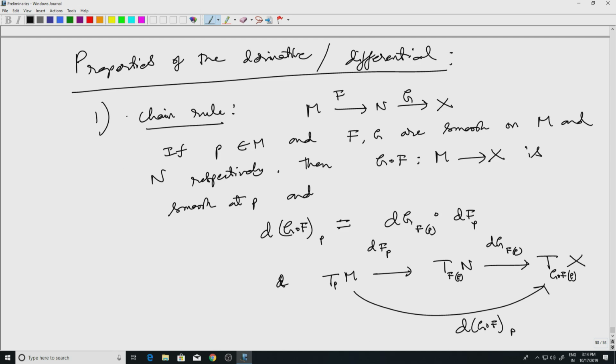So this is essentially the usual chain rule, except that the big difference between this and the case of R^n is that we have to keep track of the tangent spaces where these maps are defined, since the domains and images of these linear maps are important.